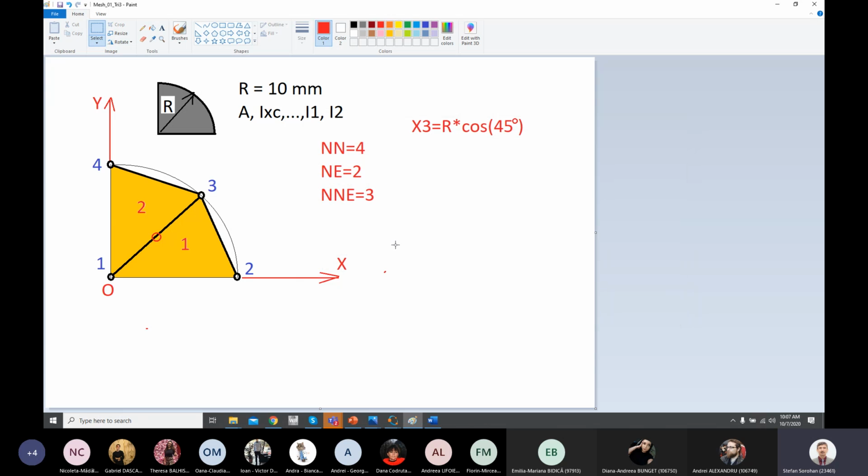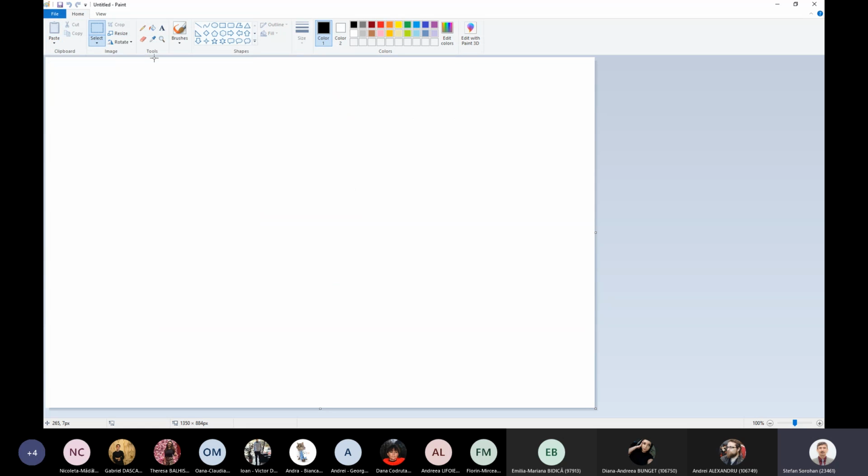For example, if you want to improve the mesh, you keep the same input data and use a new one.